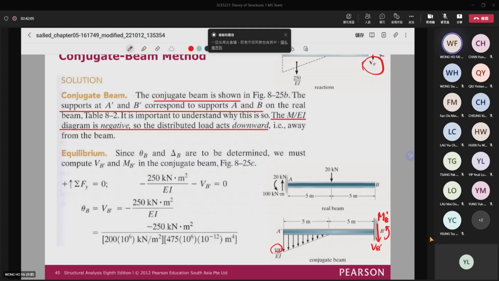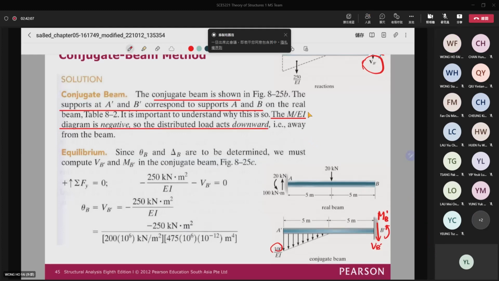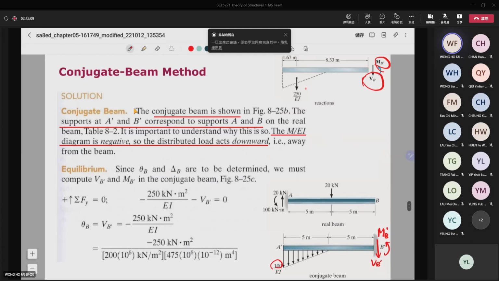And then from here, you can see that the total load is 250 over EI. And then 250 over EI minus VB dash. Then you can see that your theta B is equal to VB dash is equal to 250 over EI. And then substitute the E and the I here. And then you can find the rotation, theta B.